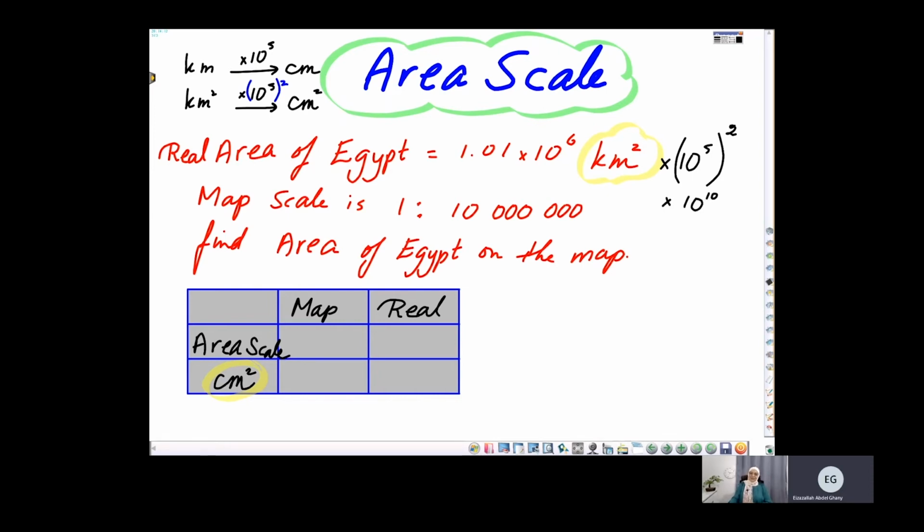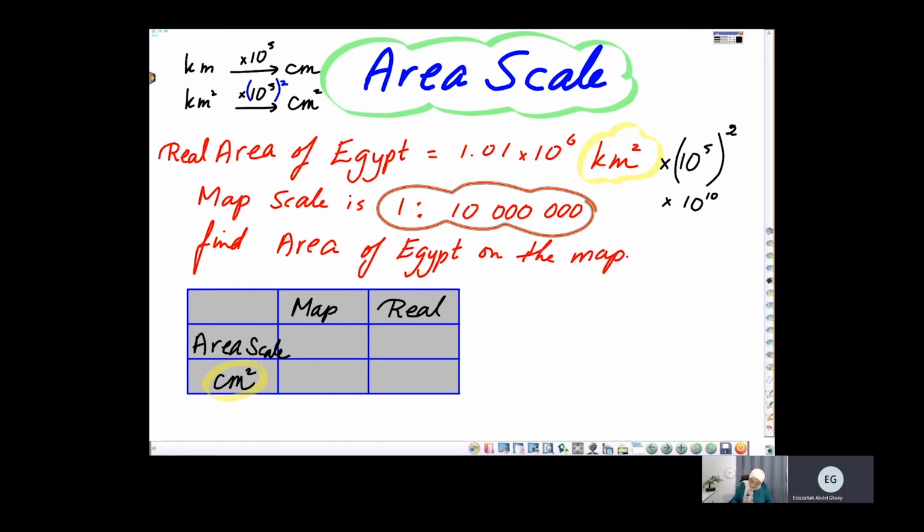Okay, now let's go. How to fill in the table. Remember, if you fill in the table correctly, then the output will be also perfect. If input is perfect, output will be perfect. Let's concentrate. Map, real, area, scale, centimeter square. So, area scale will be this map scale, but squared.